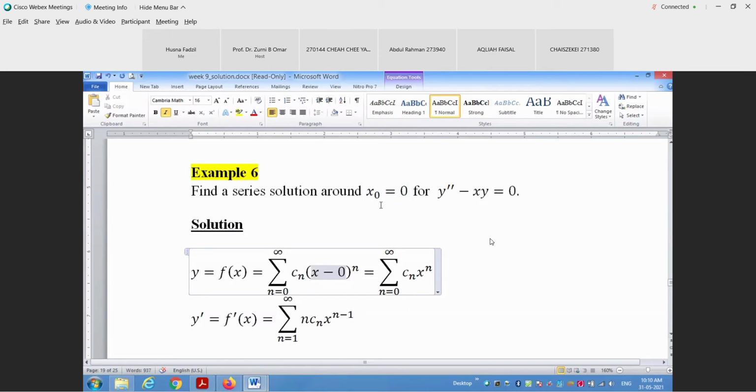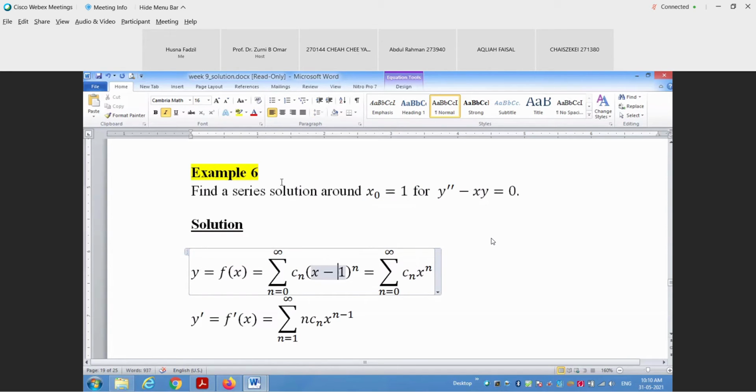So when x naught is equal to minus 1, you will have x plus 1. Why x plus 1? Because x minus x naught, with x naught equal to minus 1, will be x plus 1. When x naught equals 1, it will be x minus 1.